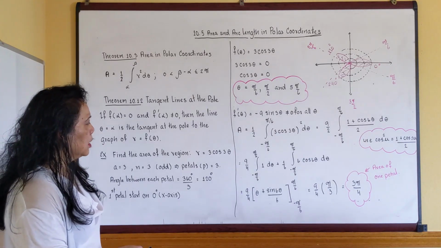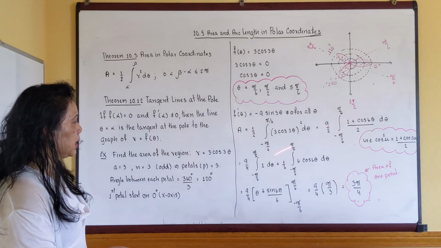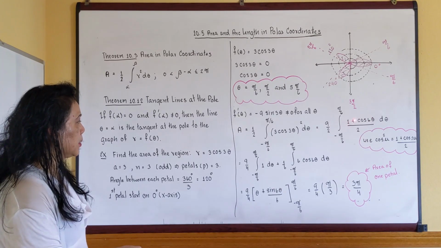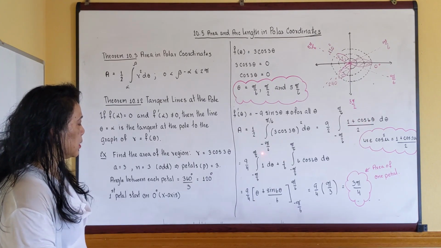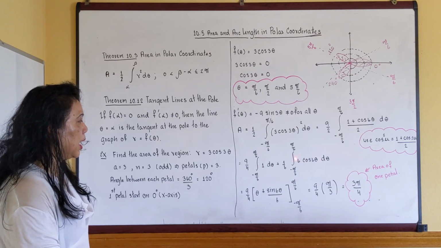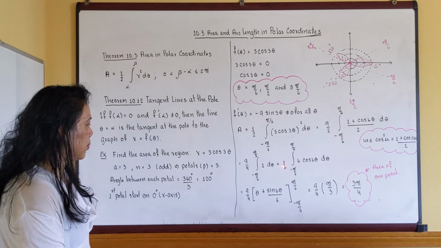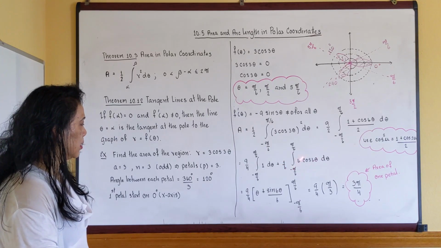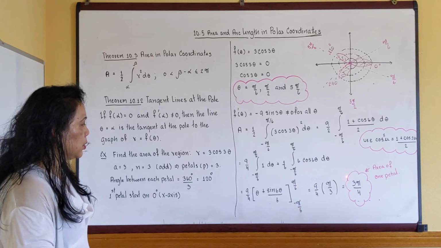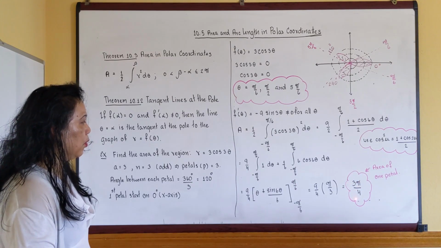Then 2 times 2 is 4, and I bring it outside the integral. Now I break this into 2 parts, 1 and cosine 6 theta. So the integral of 1 d theta and the integral of cosine 6 theta. I need the 6, so I have to multiply by 1/6, and then I take the integral of this. Substitute the lower bound and upper bound. You will end up with 3 pi over 4.